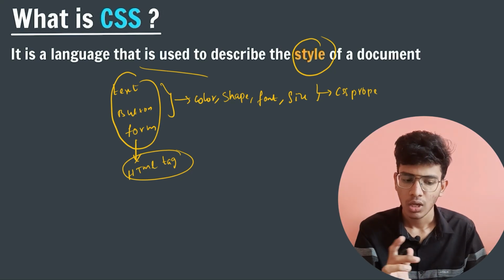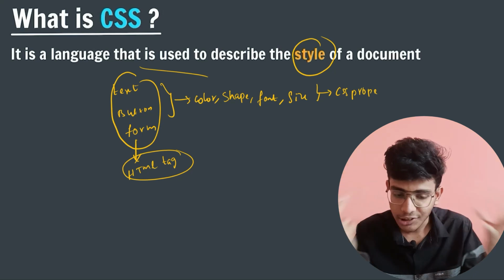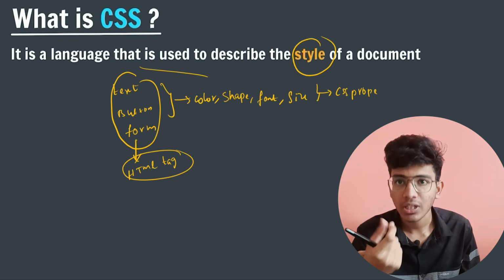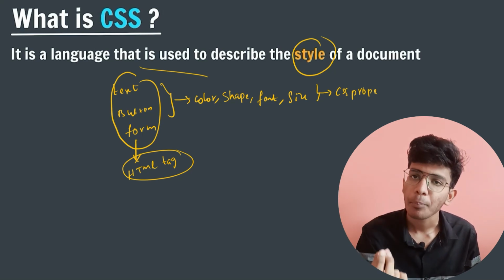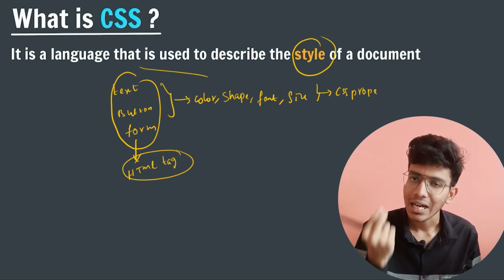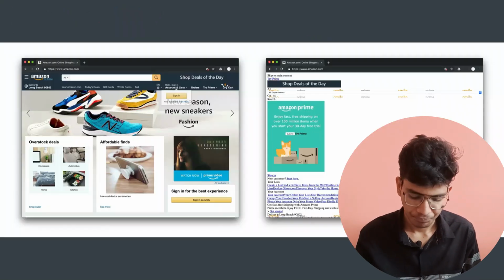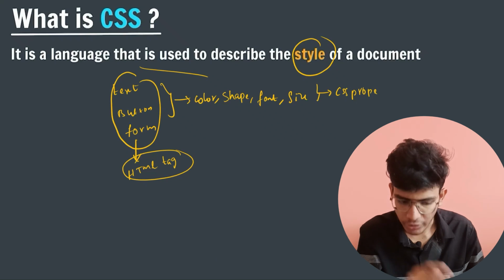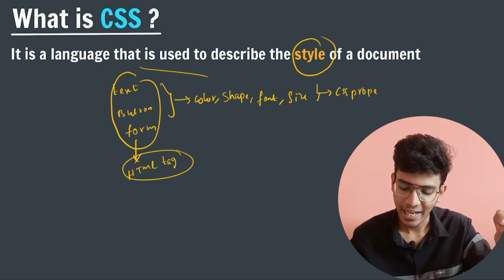But for now, the color, shape, font size, size of a table, shape of a table, shape of the button, all these things we call CSS properties, and these properties are used to change the look of an HTML tag.